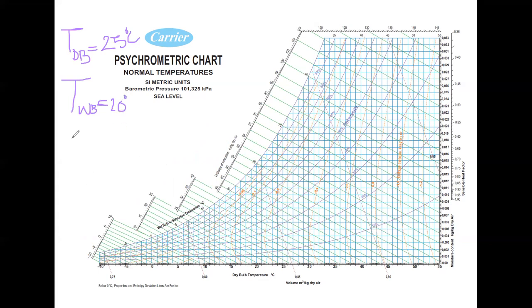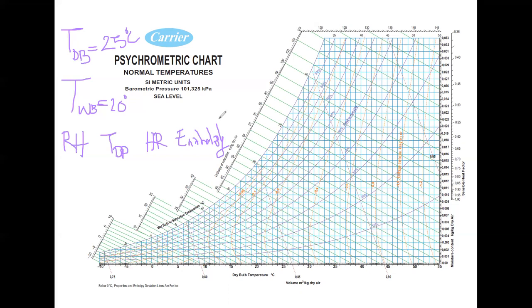So what we want is relative humidity, dew point temperature, humidity ratio, and enthalpy. Okay, so these are the things we need.